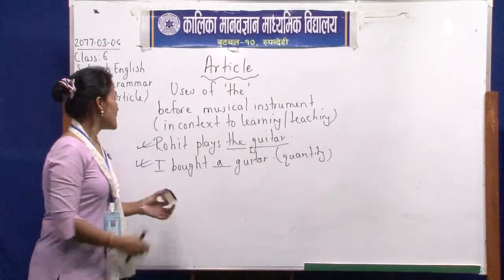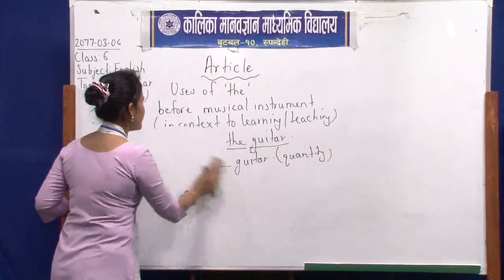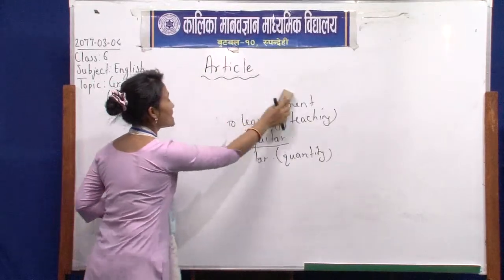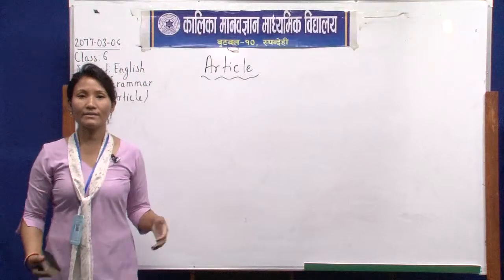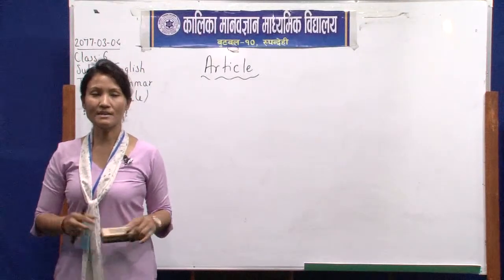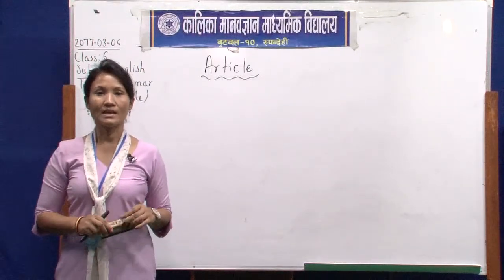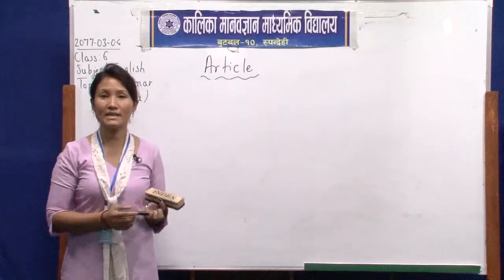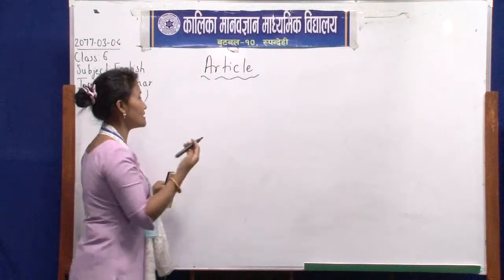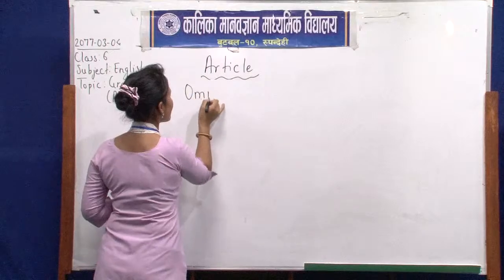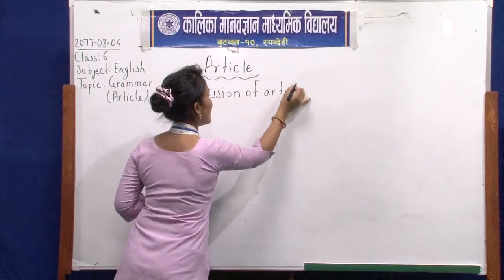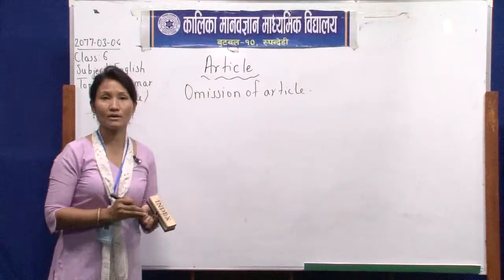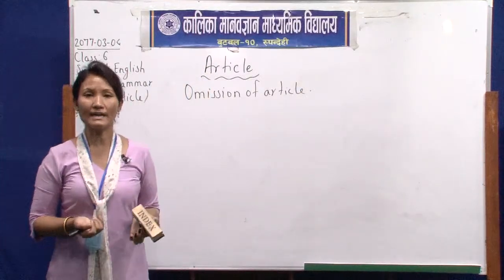Okay. Now these are some of the places where we are going to use the articles a, an and the. Now next we will be reading about the omission of article. Omission of article means where we are not going to use an article.